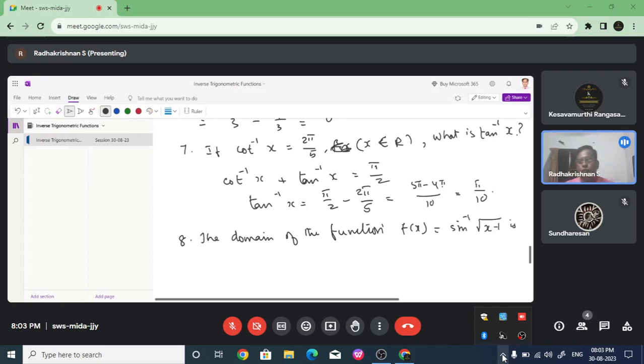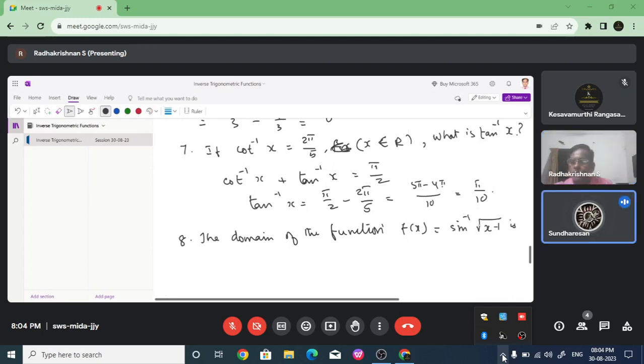So again, use your knowledge of, so domain means what are the values that x can take. That's your domain, right? What are the values that x can take? So what are the values?